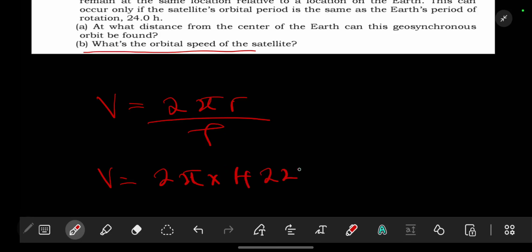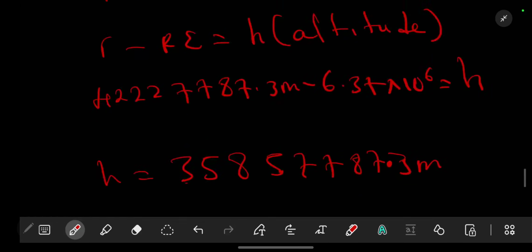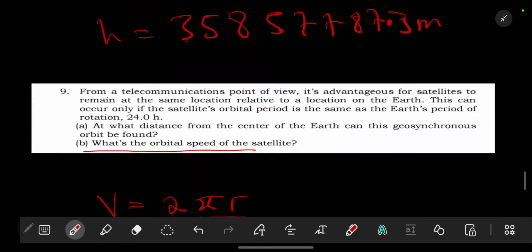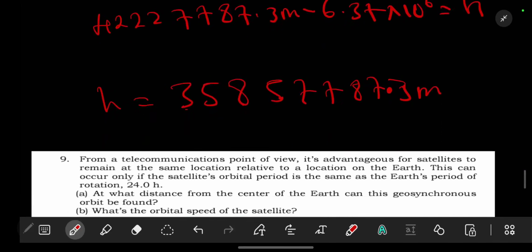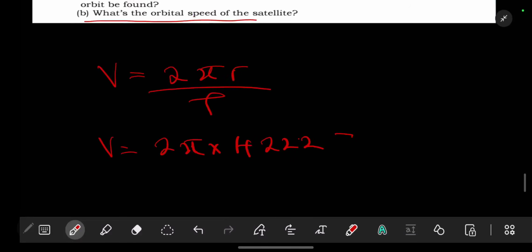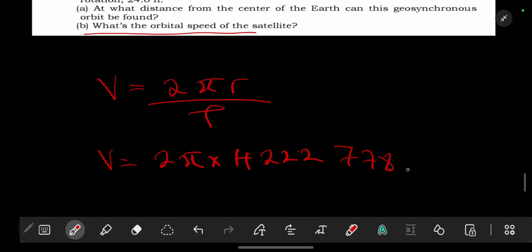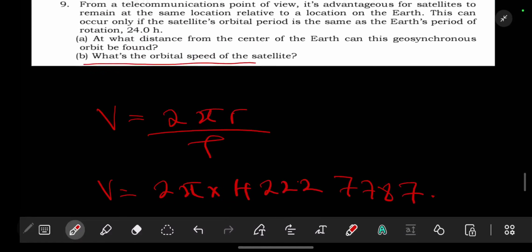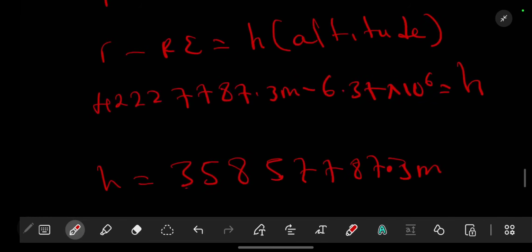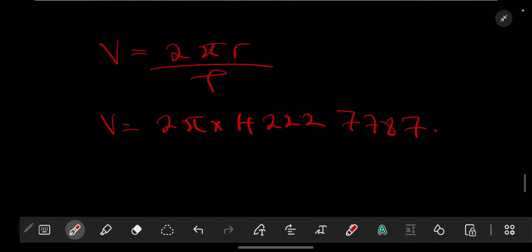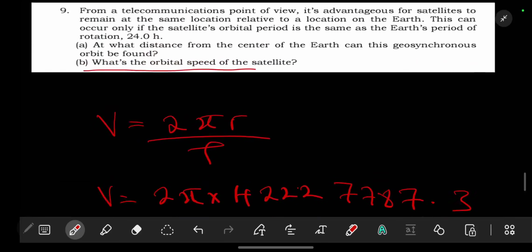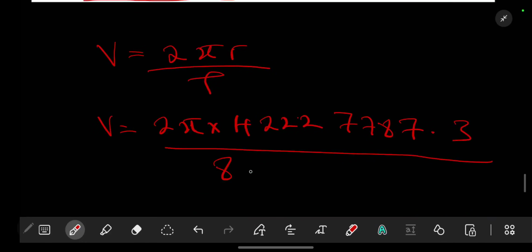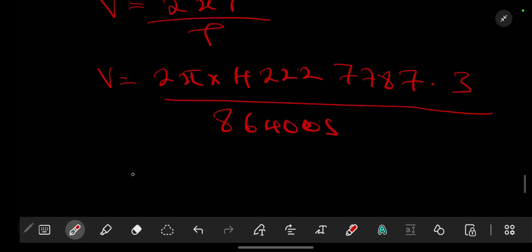So it is 4222787.3, divided by the period it's taken. We found it to be 86,400 seconds.